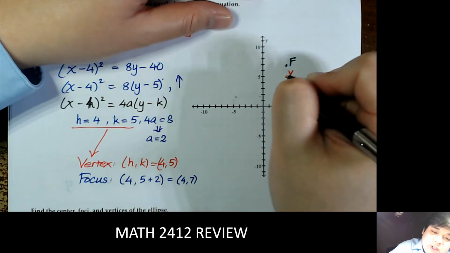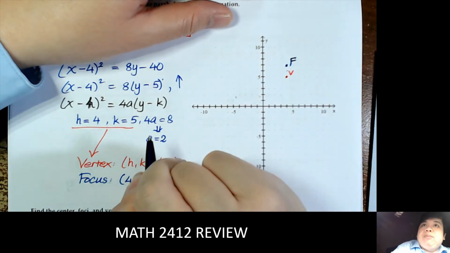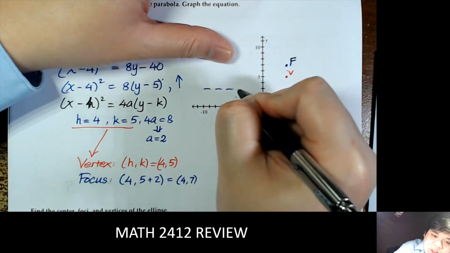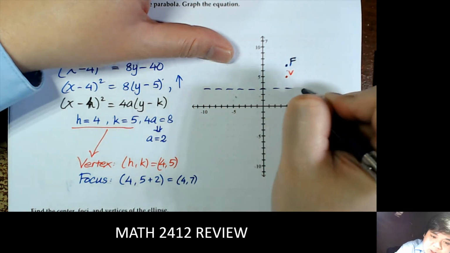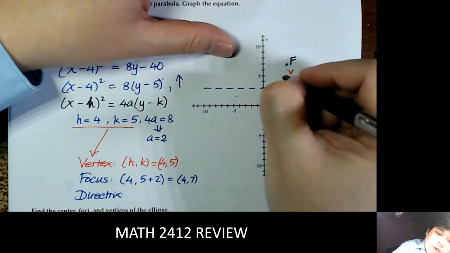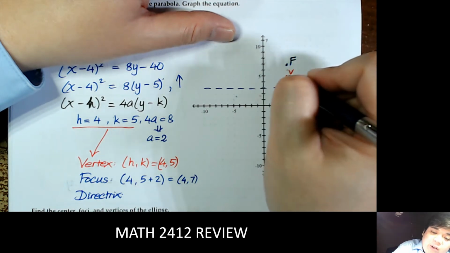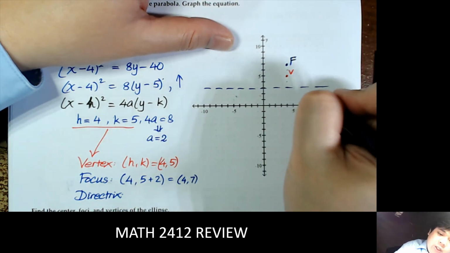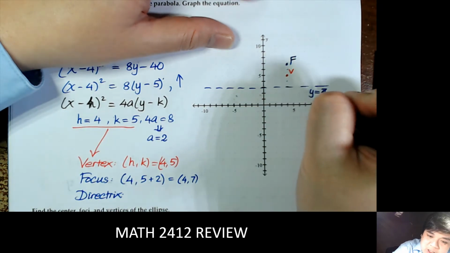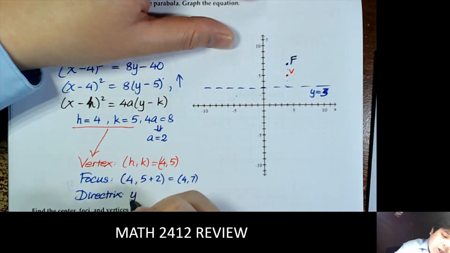Or we just count 5, 6, and 7. On the opposite direction, we will have the directrix. So from the vertex, y equal to 5, 4, 3. So y equal to 3 is the directrix.